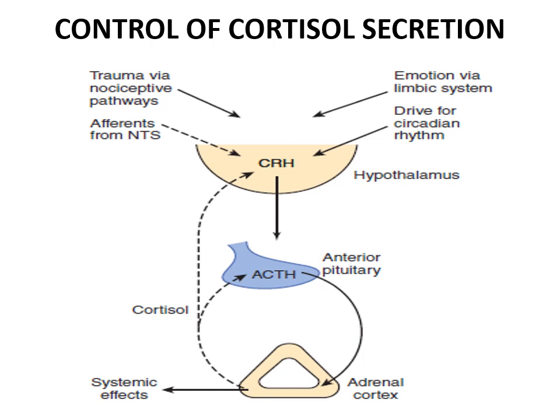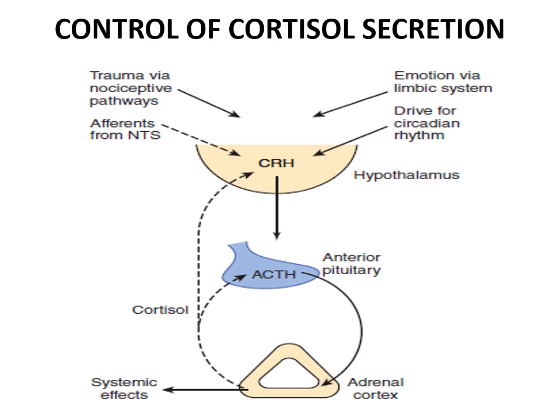ACTH is released by the corticotrope cells of the anterior pituitary and acts as the pivotal regulator of adrenal cortisol synthesis, with additional short-term effect on mineralocorticoid and adrenal androgen synthesis.